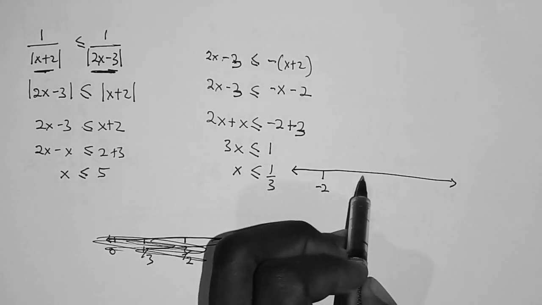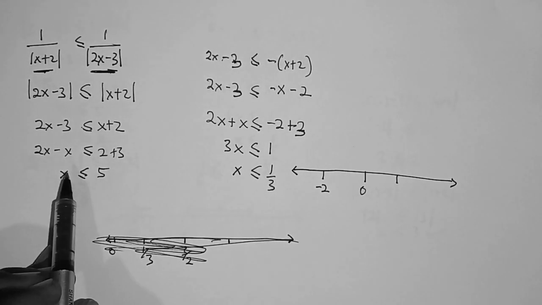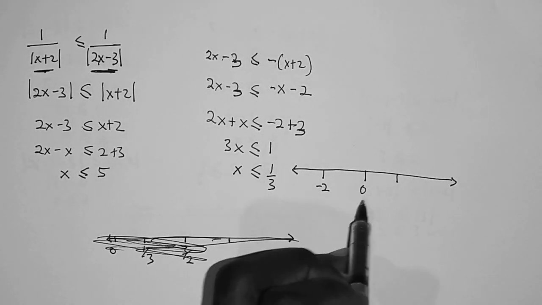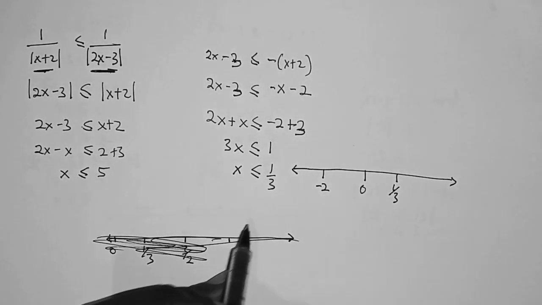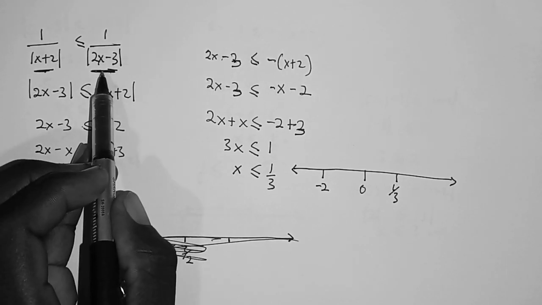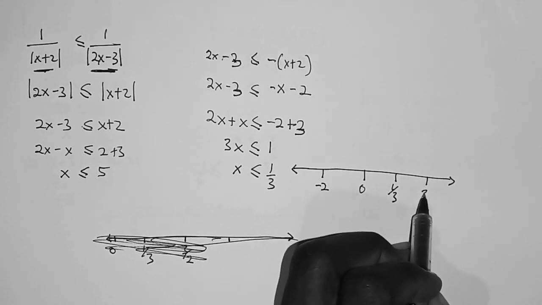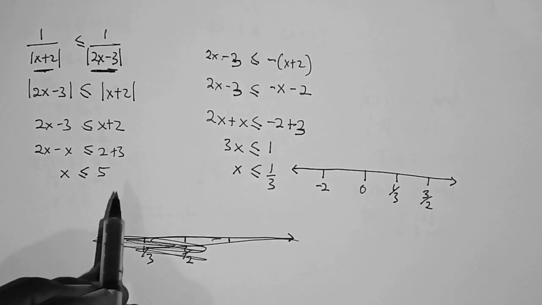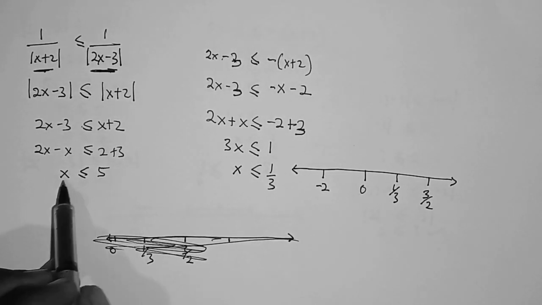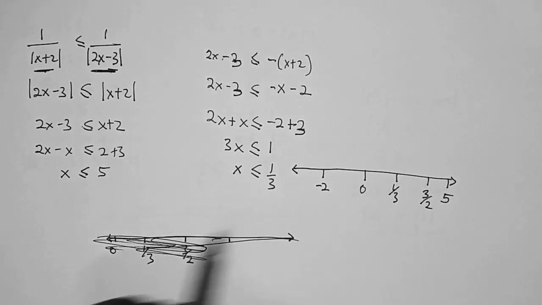So minus 2, then let's assume here 0. Then from that, we got one of the x values as 1 over 3. And then x should not also be equal to 3 over 2. So from here, we go to 3 over 2. The other x value is 5. So from here, we come to 5.